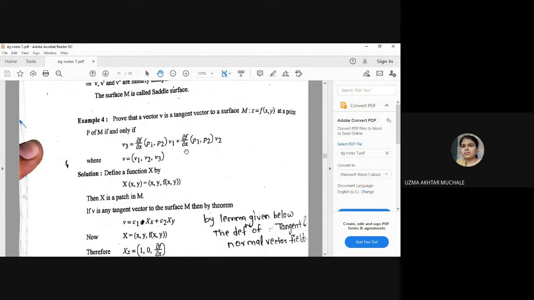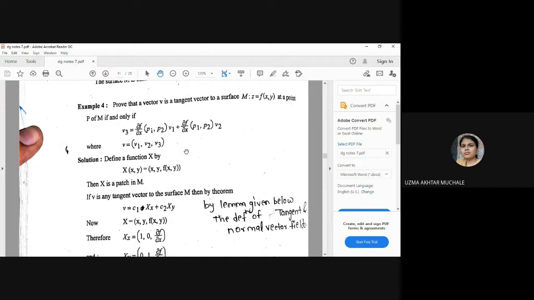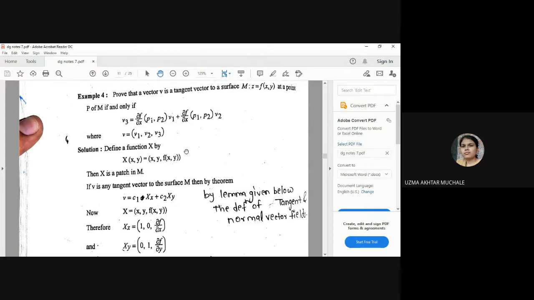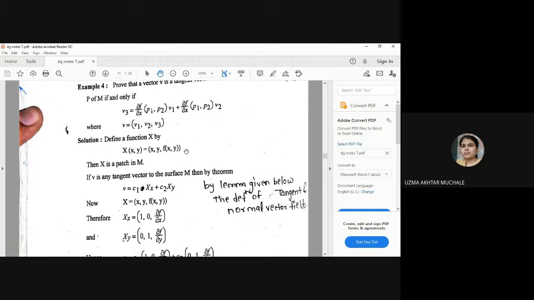Right? So here, prove that a vector v is tangent to the surface M at a point P if and only if v3 is written as dou f by dou x at p1 p2 times v1 plus dou f by dou y at p1 p2 times v2. And what are v1 and v2? v1 and v2 are nothing but the coordinates of a tangent vector v. Okay.